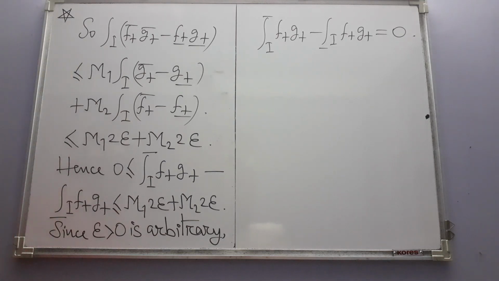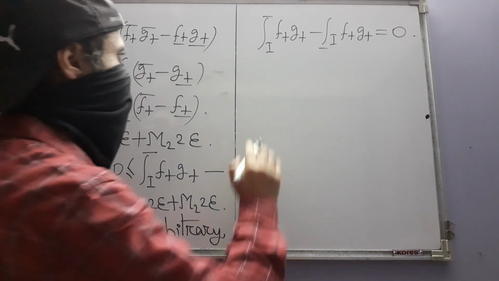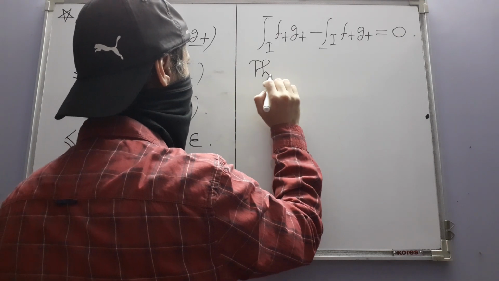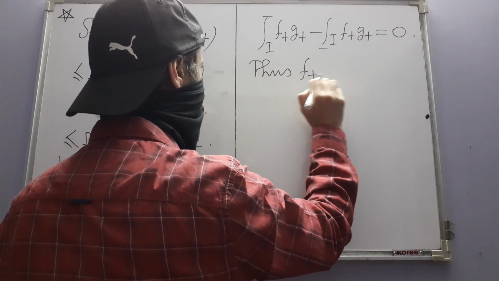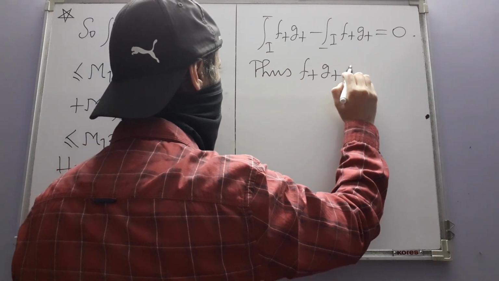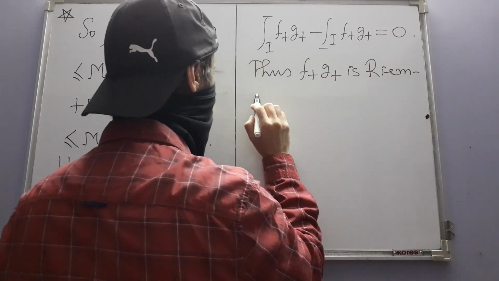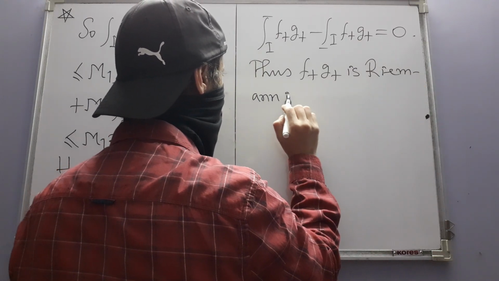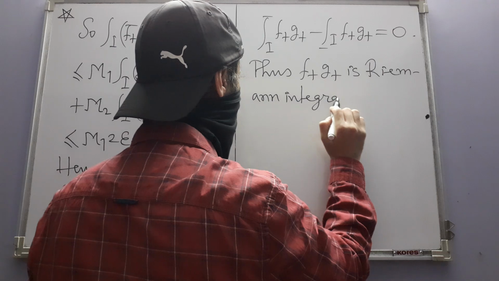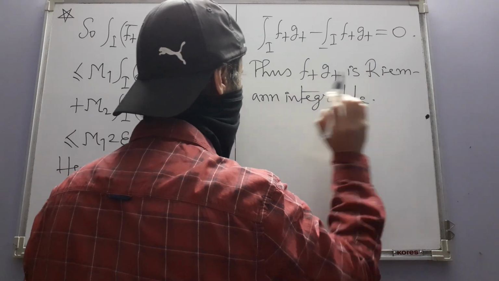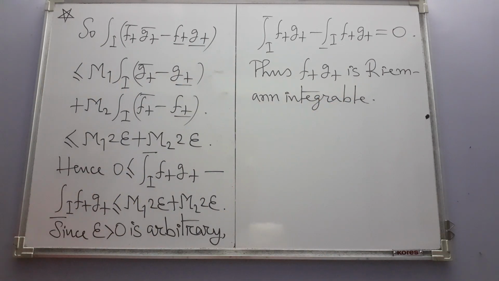So lower integral is equal to upper integral, and thus f plus g plus is Riemann integrable. This is where the proof ends.